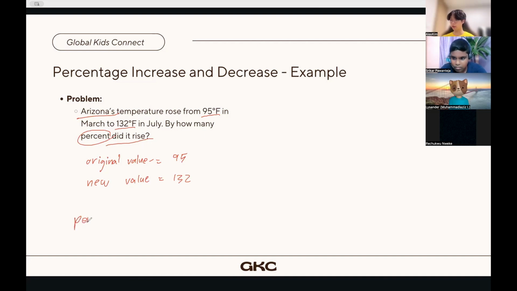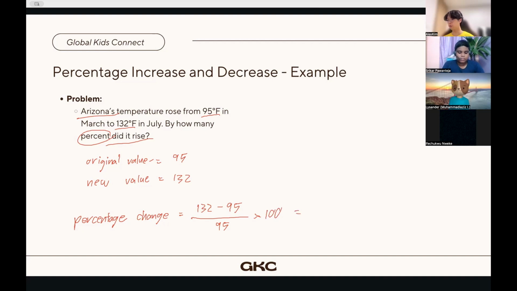The percentage change is equal to, if you remember, new minus original over original. So the new value, 132, minus the original 95, and divide again by the original value of 95. And then we multiply by 100.